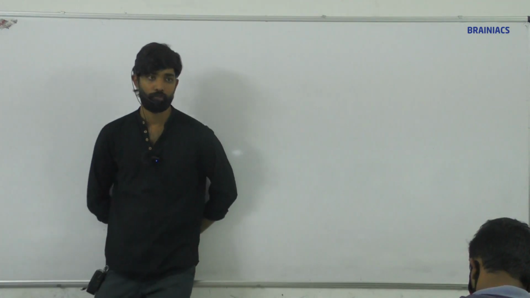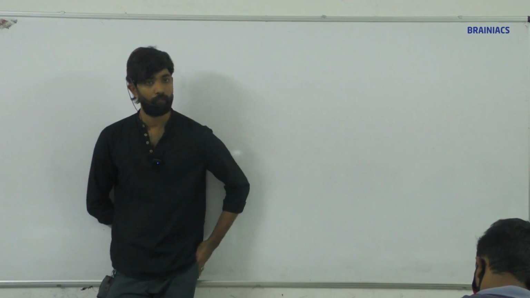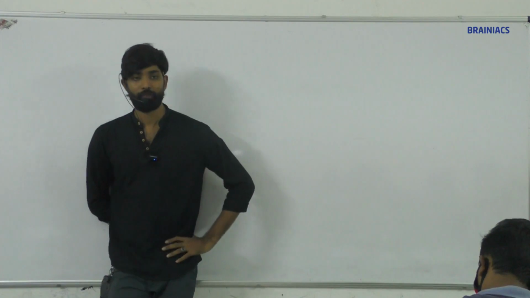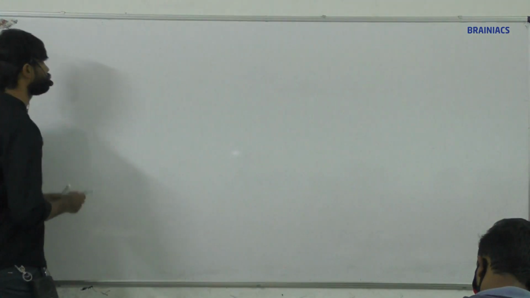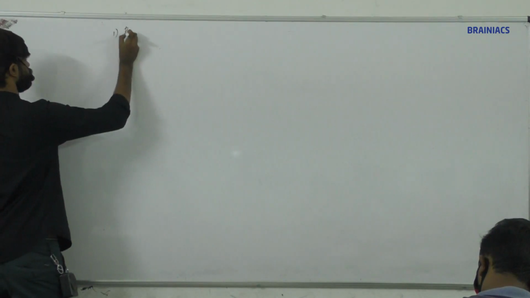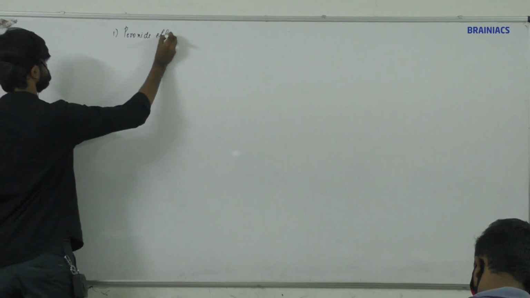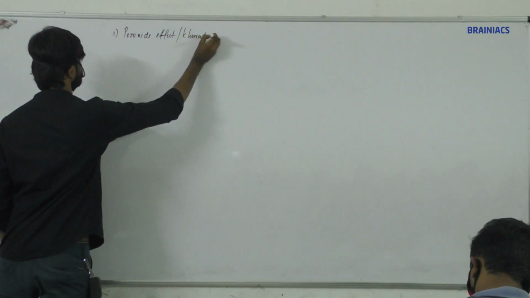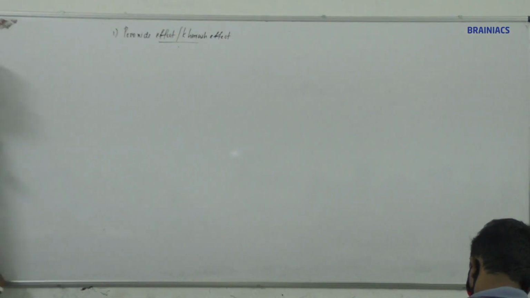Anti-Markovnikov addition means, you know the concept, the negative part goes to the carbon with a greater number of hydrogen, exactly the reverse of Markovnikov. And the first one, peroxide effect or Kharasch effect.